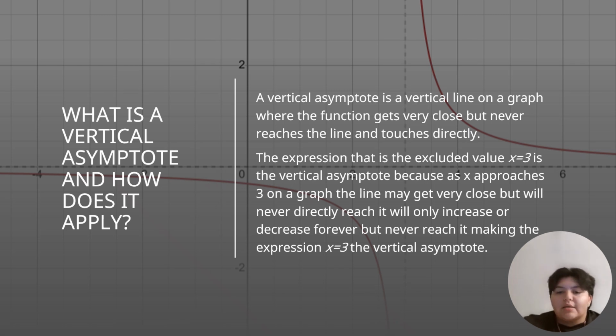Here we can see on the graph in the background the vertical asymptote x equals 3. Towards the top right, we can see how the line comes so close to that 3 on the x line, but it will never touch it directly. It'll just continue to ride along that line, but it will never reach it.